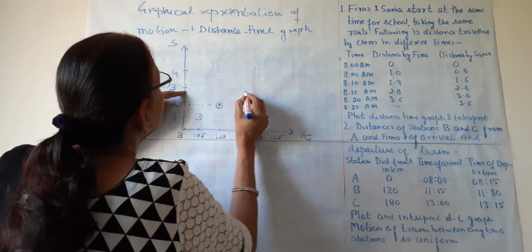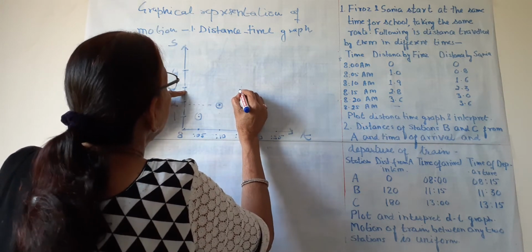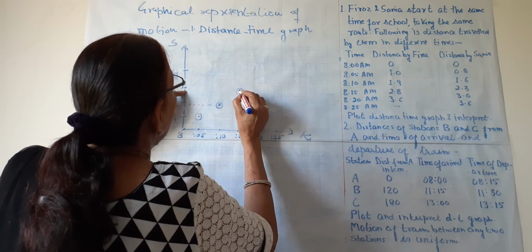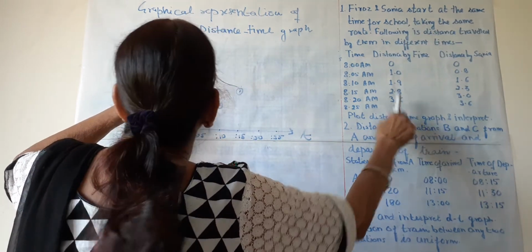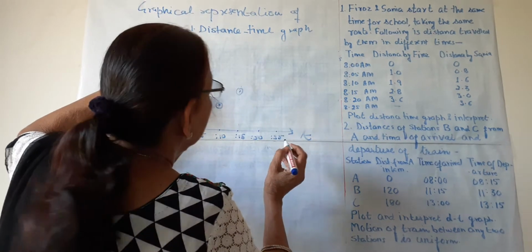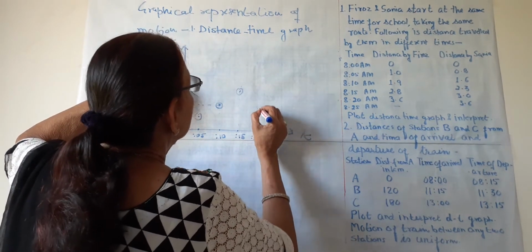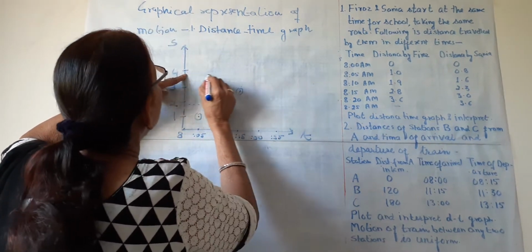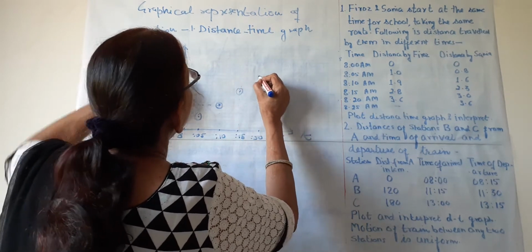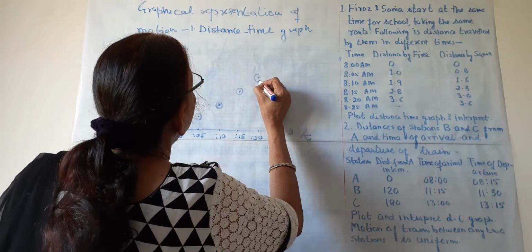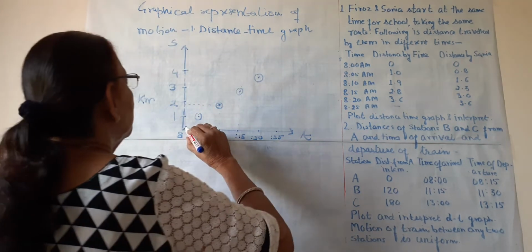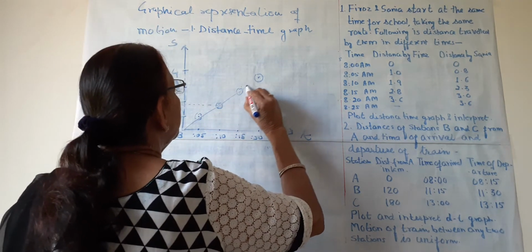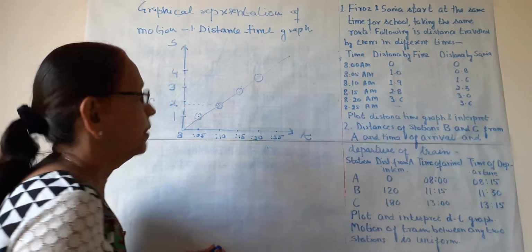This is 3, so slightly less than that. Then at 8:20, he is at 3.6. So slightly less than 4. So he is here at 8:20. So this is the graph of Firoz.